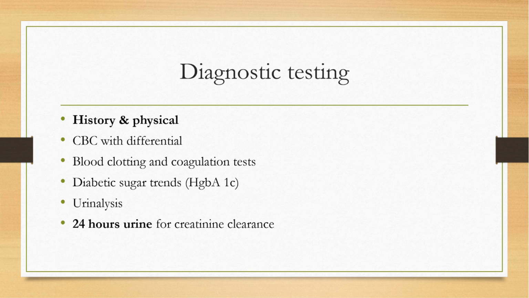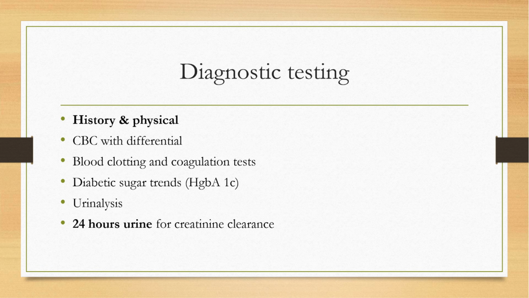Okay, so when we are going to start to evaluate whether someone has chronic kidney disease, obviously you want to get a history and physical, and we already talked about the type of assessment that we would do for someone for GU systems. We talked about that yesterday.